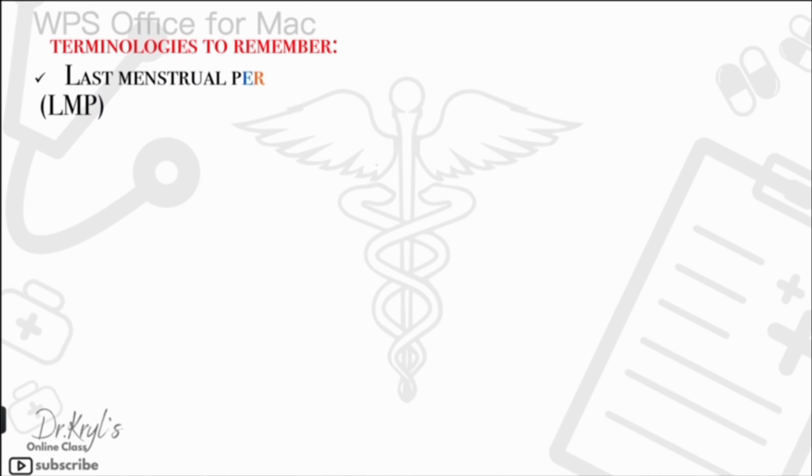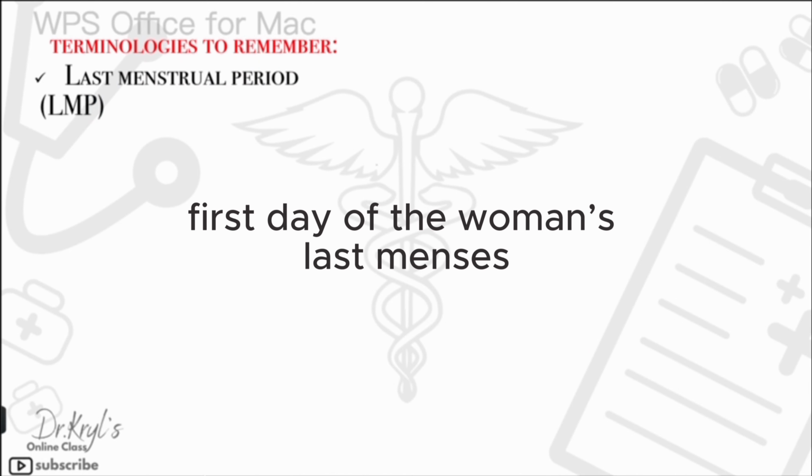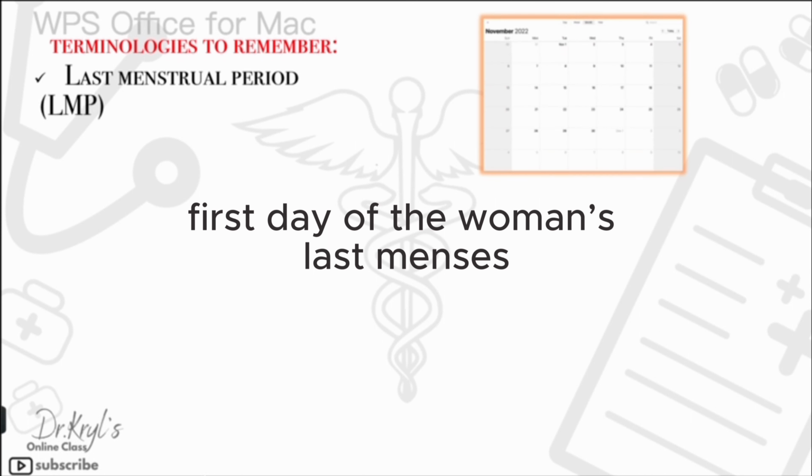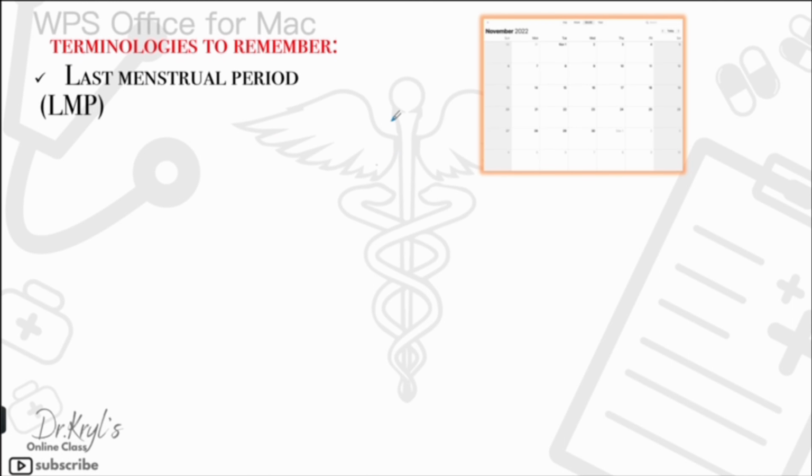Okay? Last menstrual period, or the LMP. The LMP is the first day of the last menses, or the first day of the menstruation. For example, here it's November, so when was the last menstrual period of the woman? Let's say the 27th.